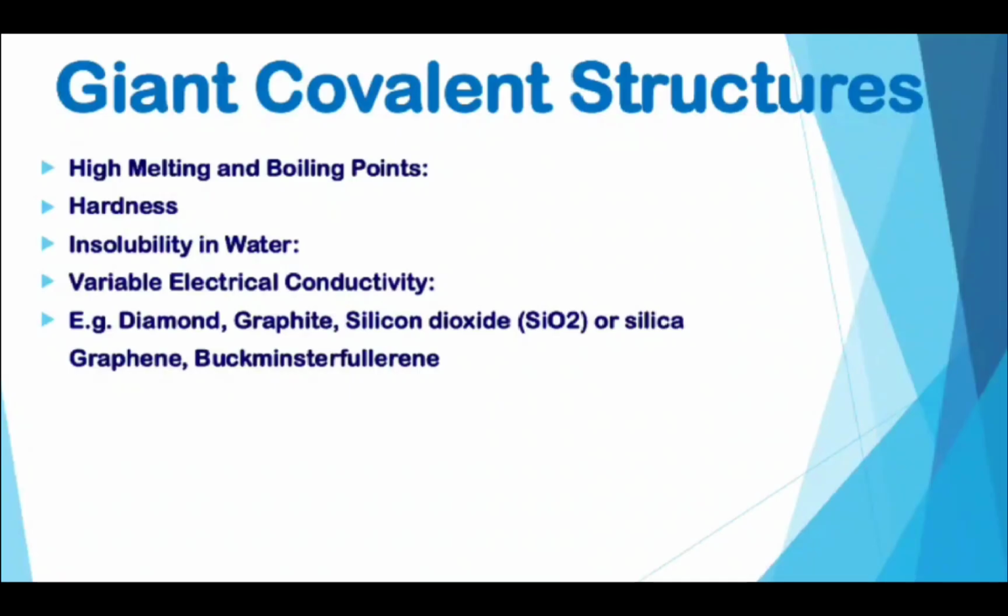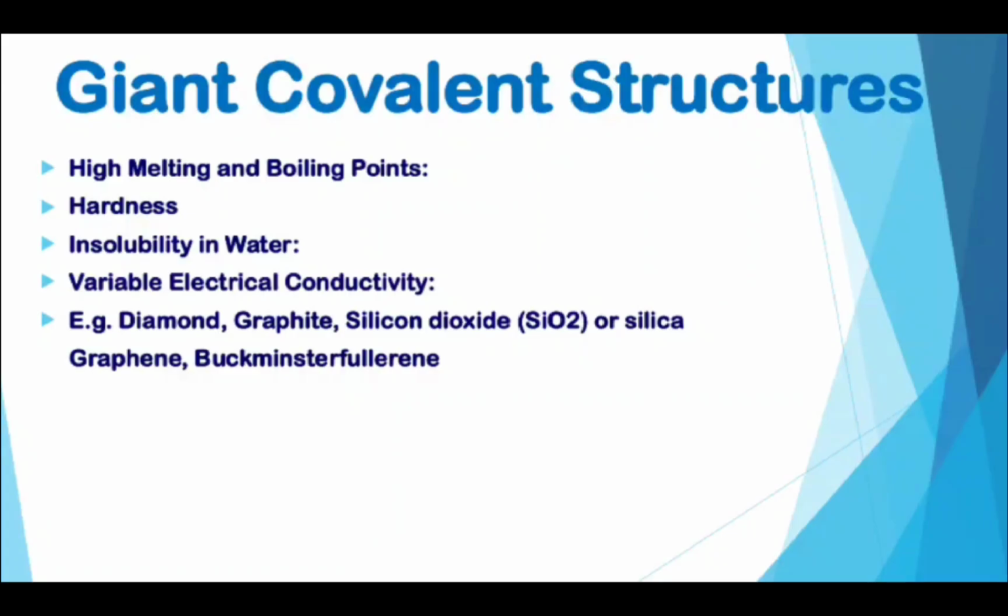I told you, sharing is caring. The bonds are much stronger than that of ionic bonds. But the forces between the molecules are comparatively weak. The forces between the molecules are known as intermolecular forces. We know that.